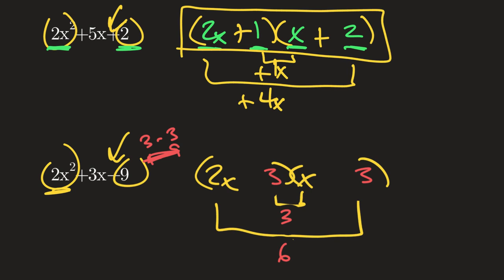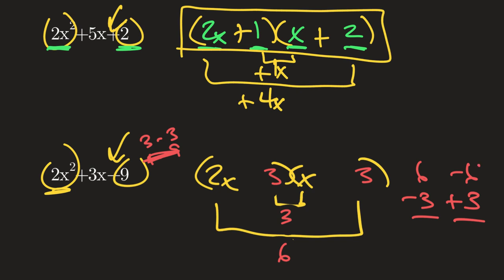Now we just got to get the signs right. What kind of a 3 is that in the middle? It's positive. Now remember, with subtraction of integers, you have different signs. Here's your two options: 6 minus 3 or negative 6 plus 3. Which one of those renders a positive 3? 6 minus 3.